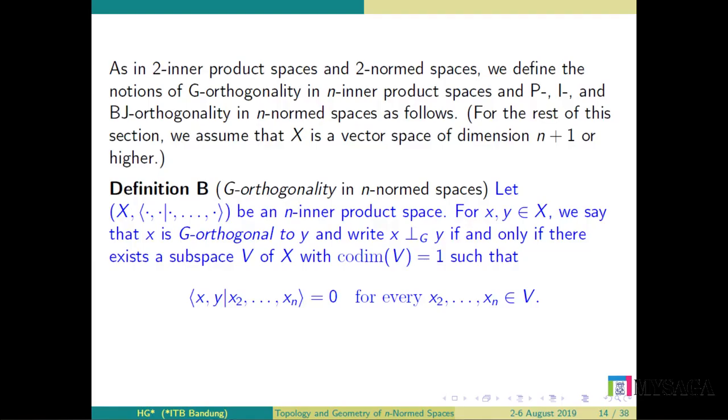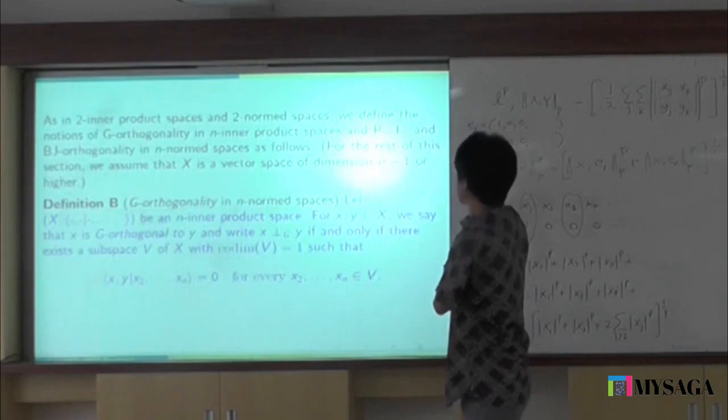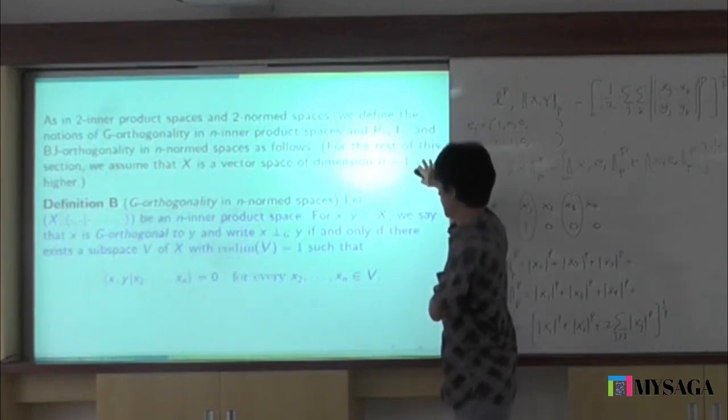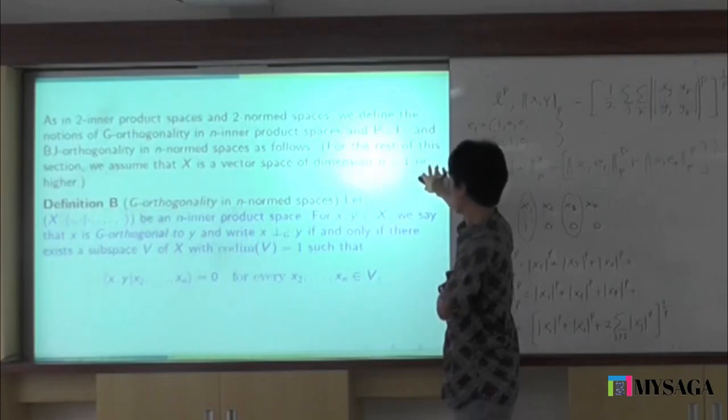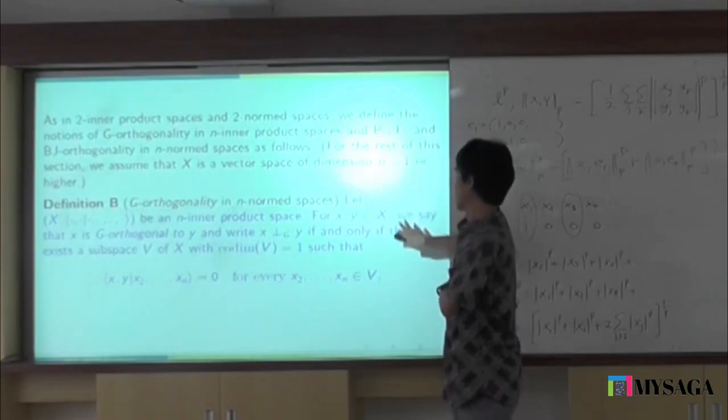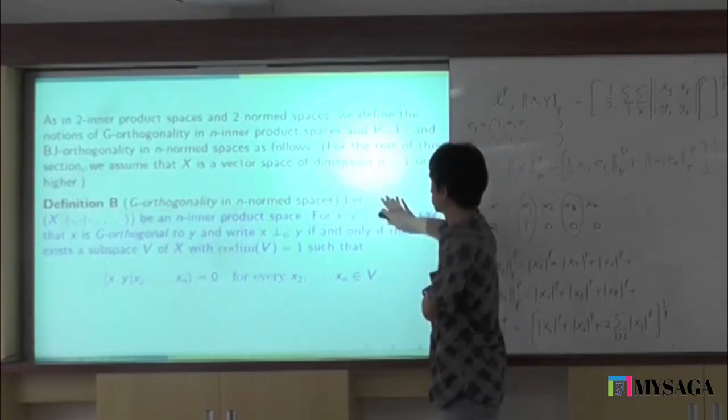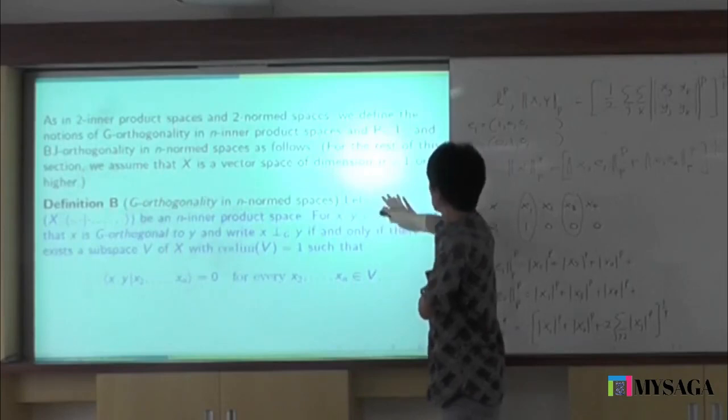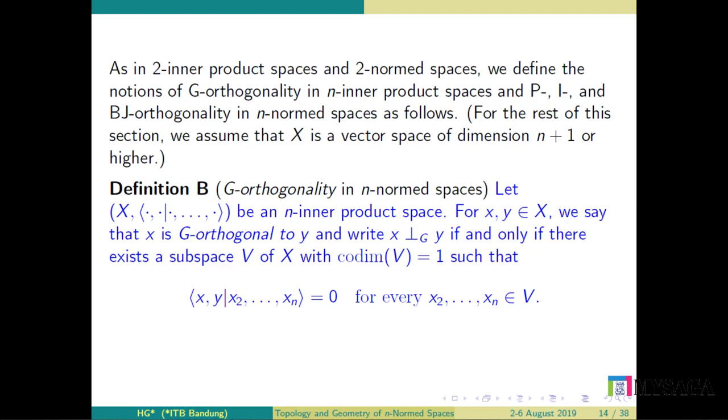So as in two inner product spaces and two normed spaces, we can also define the orthogonalities in n-normed spaces as follows in the next slide. And for the rest of this section, I assume that the dimension is still n plus 1 or higher. So this is the G orthogonality, the same as in the two inner product space.